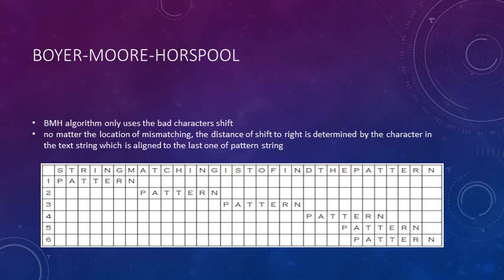This one here is essentially a variation of the bad character heuristic. The main difference is that here we only take a look at the last letter of the part of the text we are currently comparing, and on the mismatch we try to find that letter in the pattern starting from the second to last position.